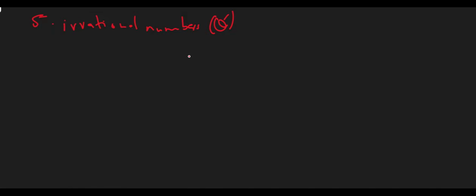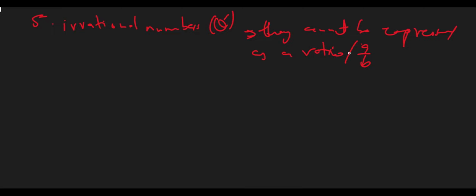These are numbers that cannot be expressed as a ratio of fractions, right? They cannot be written as a fraction, basically. So real numbers that are not rational are called irrational.